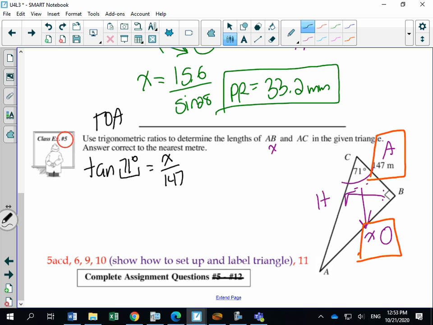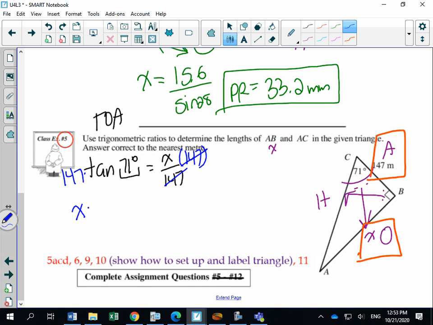X is on top. Kieran, what do I do if x is on top? How do I get rid of that? Like, what do you want me to do here? Yes, that's correct. When x is on top, just say, how do I get rid of that, divide by 147?